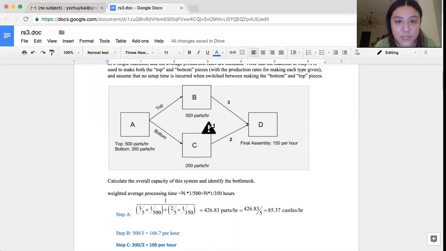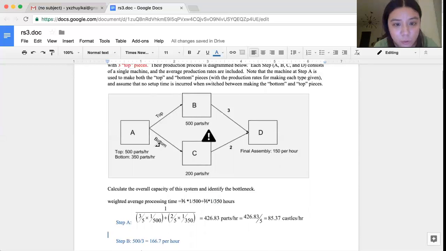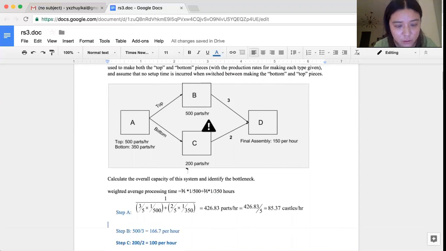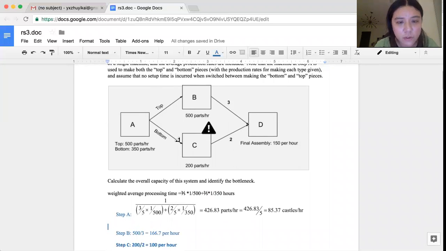And next, let's look at the capacity for step B. Since step B can only process the top pieces, and it can process 500 parts per hour, 500 divided by 3, because one castle needs 3 parts, is 166.7 castles per hour.